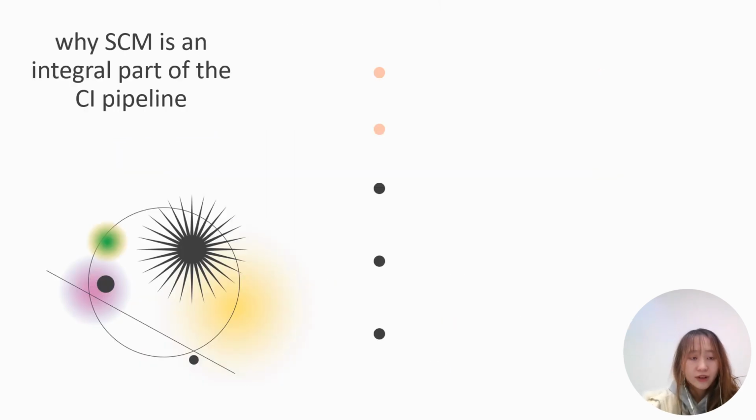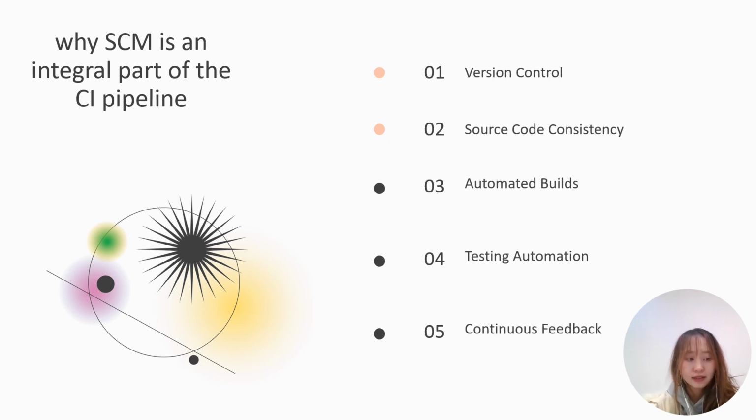Okay, then I will talk about why SCM is an integral part of the CI pipeline. I have listed 5 reasons. I will make a brief introduction about each of the reasons. SCM provides version control, tracking changes made to source code and documents and other artifacts.